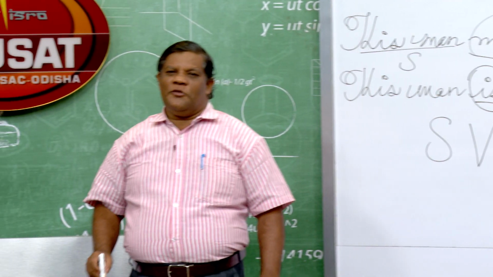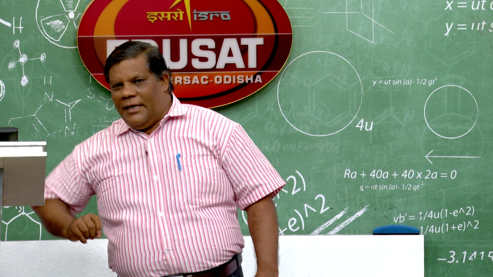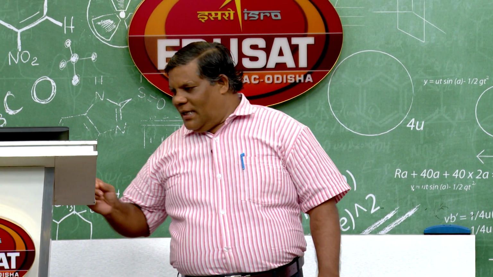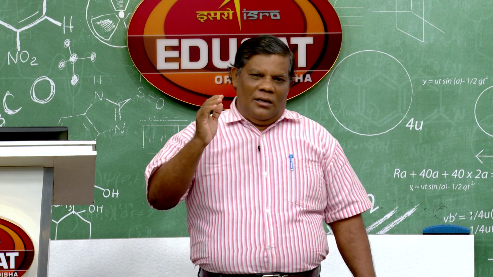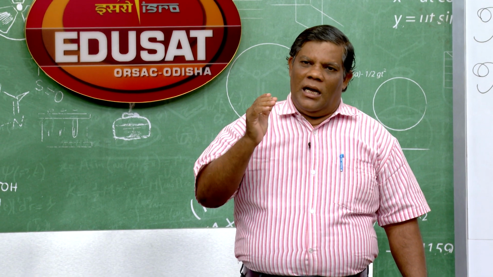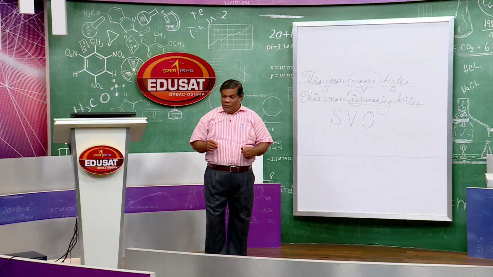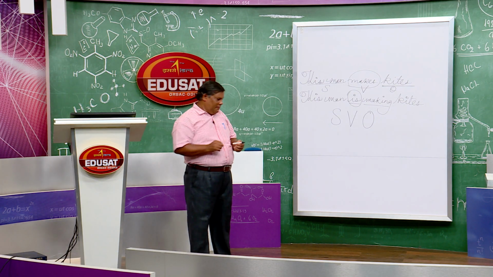So, a sentence should be in its SVO form, and how to know that a sentence has an object, how to recognize a particular part of a sentence, whether it is an object or anything else. So, how to know the object in the sentence, how to recognize it, that is important.